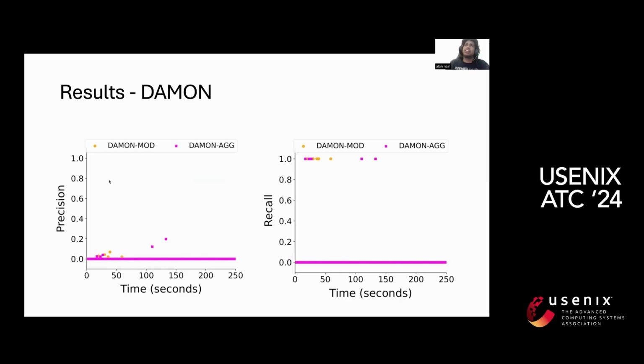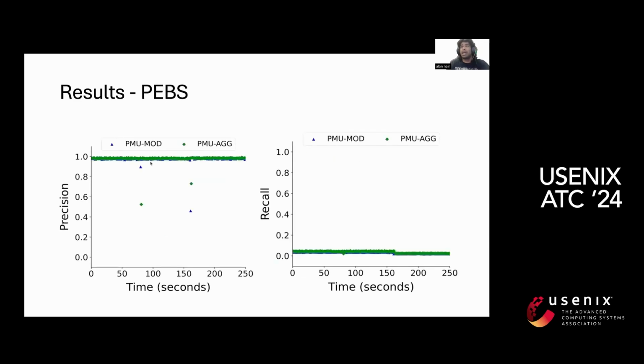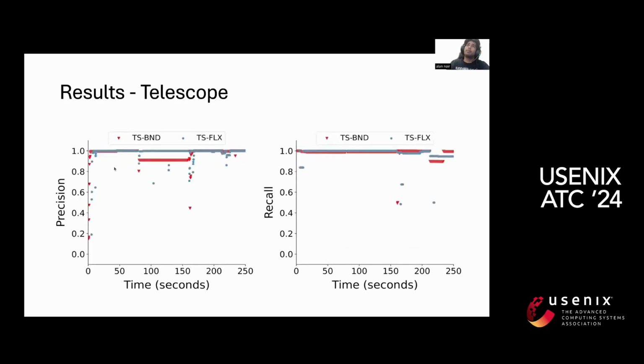This is because Damon generally fails to detect any hot area when the address space is terabytes large. Both variants of PEBS show good precision because they collect actual event samples. However, the recall is quite bad because there aren't nearly enough samples to represent the actual access pattern. In contrast, both variants of Telescope offer good precision and good recall.